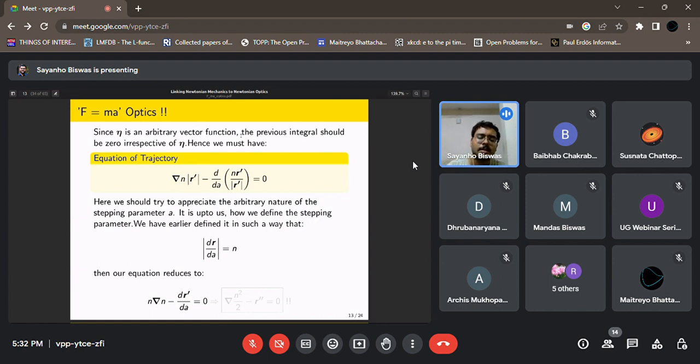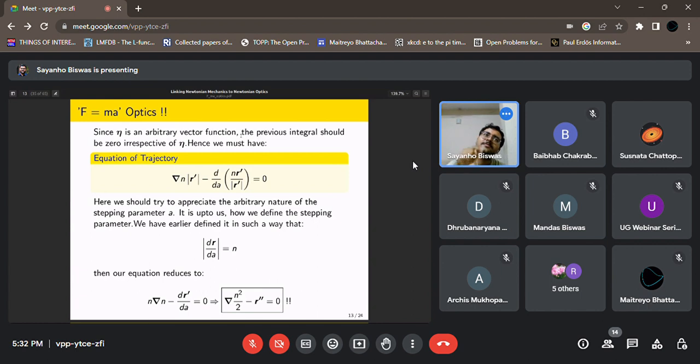So my equation becomes what we have below: n gradient of n minus d/dA of R prime equals 0, which implies n gradient of n equals R double prime. See, I have applied a very smart trick, we can say. I mean, not that I am smart, not that I have applied it. Evans and Rosenquist have already done this in their paper. So n gradient of n can be written as gradient of n squared by 2. This is something which we often do.